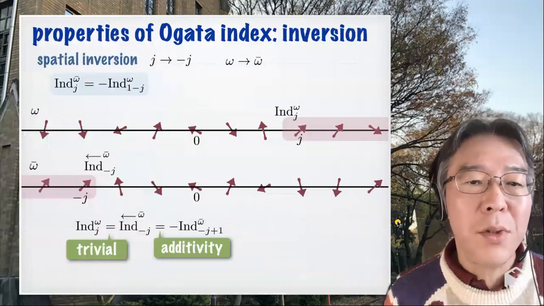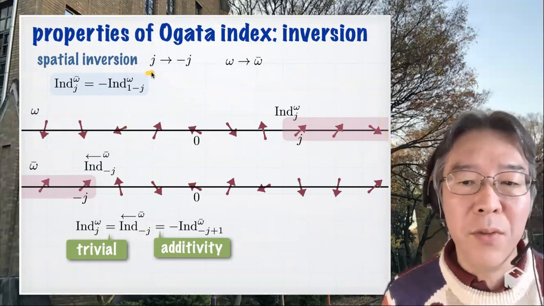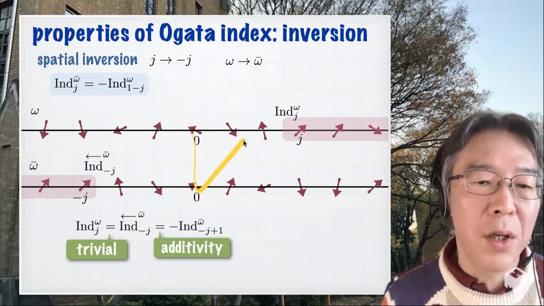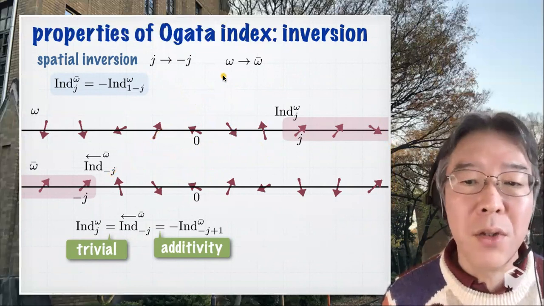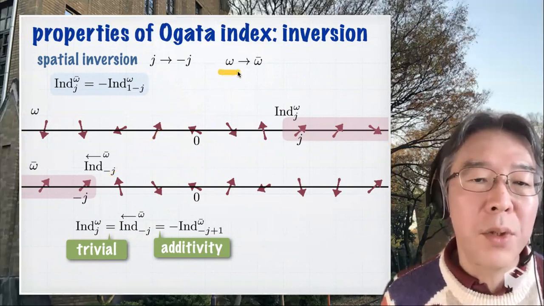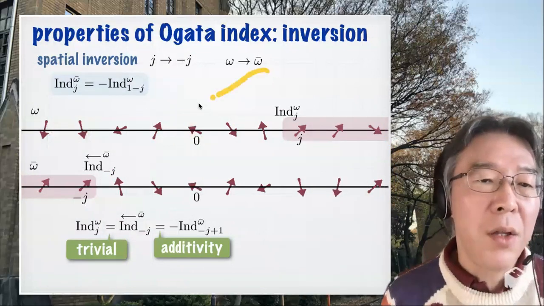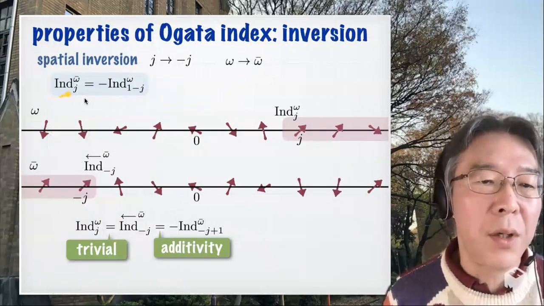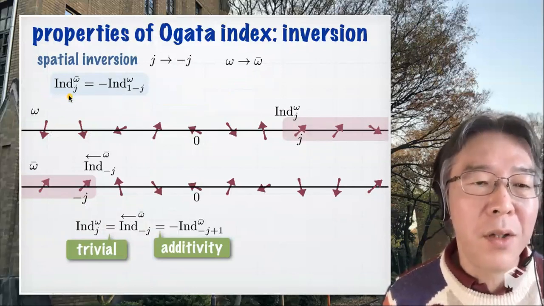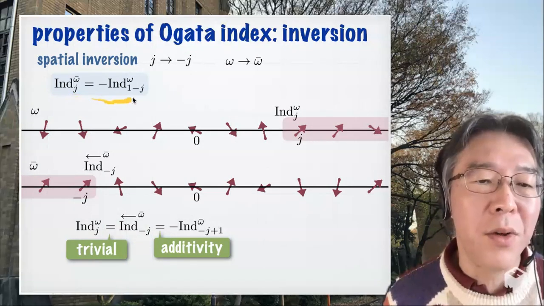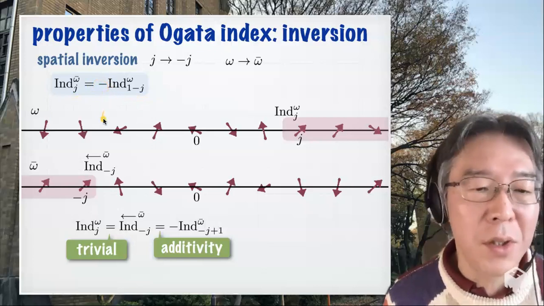By using this, we have a very useful property about inversion. Consider spatial inversion, where 0 stays here and 1 goes to -1, 2 goes to -2, and so on. Then this induces the transformation from a state omega to its inversion omega bar in a natural manner. And I argue that the indices for omega bar and omega are related in this way. This only says that you make a trivial identification but put an extra minus here. Why is this? Well, this is again very simple.